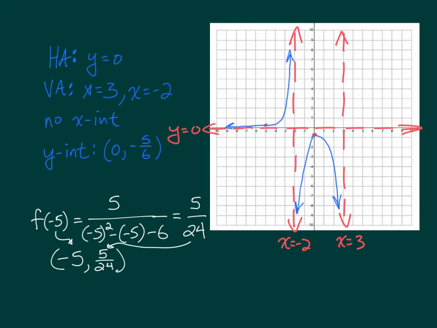And it turns out if you pick your favorite number over there, 4, 5, 6, 7, 8, 9, 10, any of those, that the graph will be above the horizontal asymptote. And this is the graph of f of x equals 5 over x squared minus x minus 6.